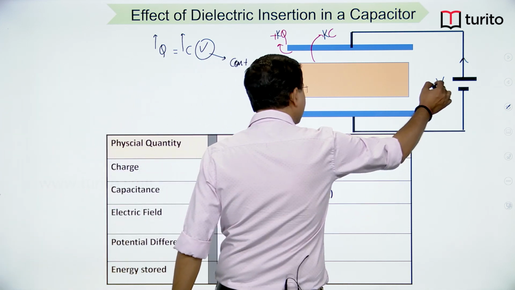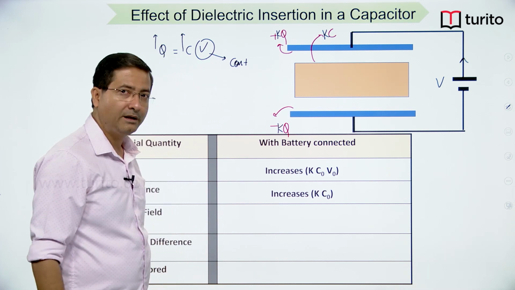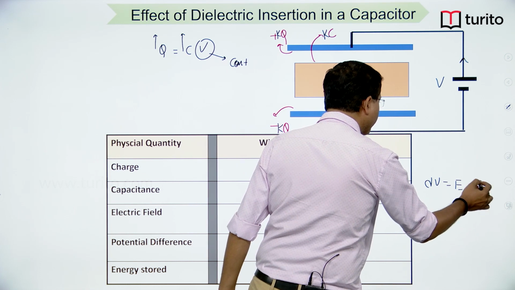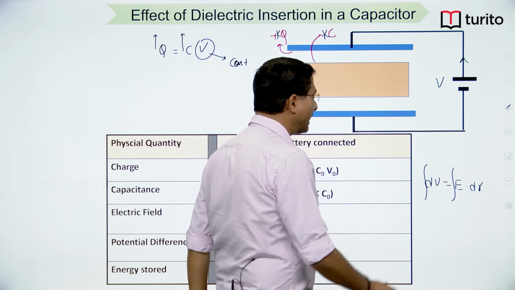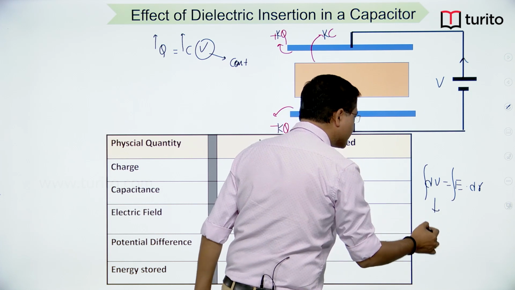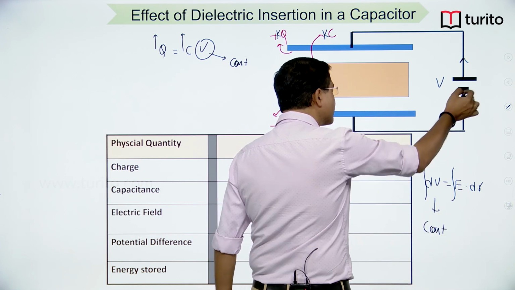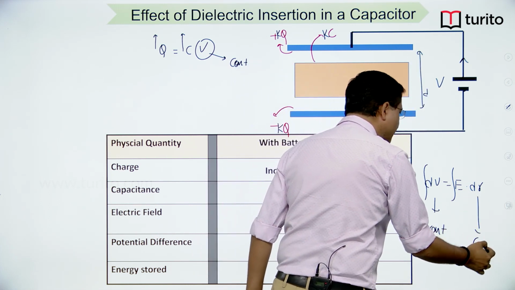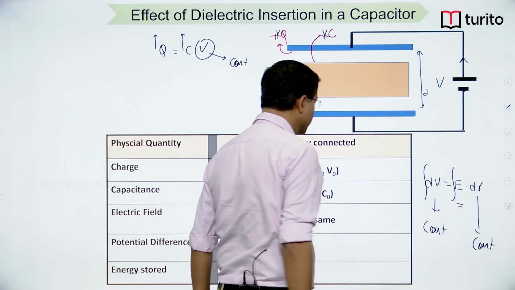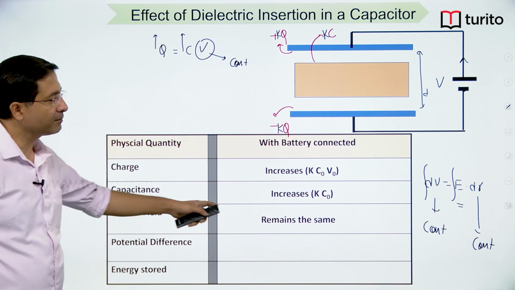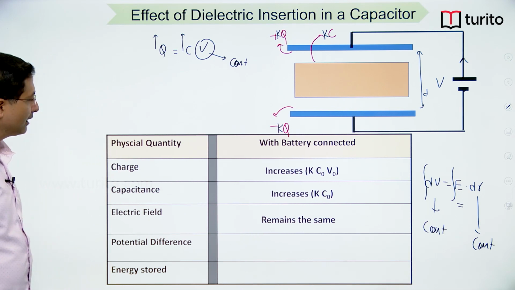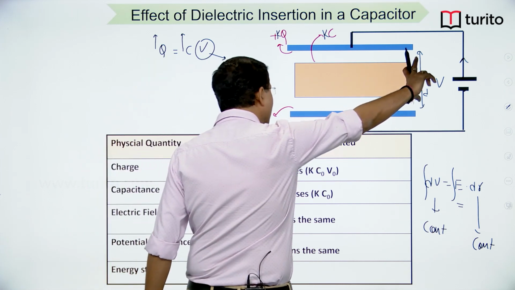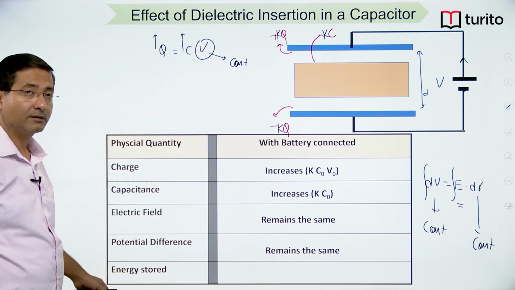Now, you can see dV is equal to E dot dr, right. As source remains connected, potential is constant. If potential is not changing, this gap is also not changing, this is also d, then field must be same. So, the field will remain same, and the potential difference also remains same, the potential difference here will be V only.